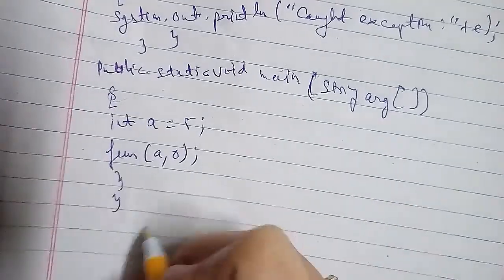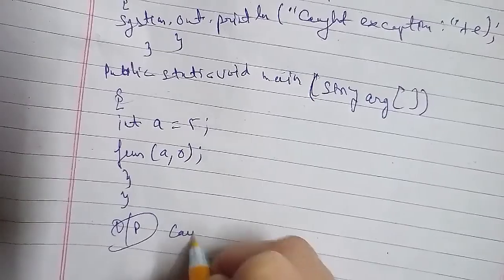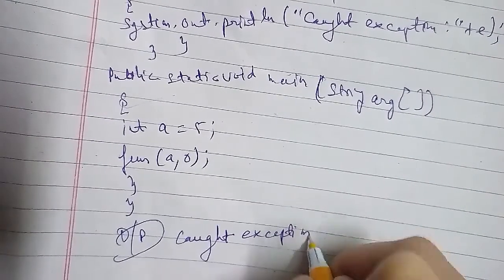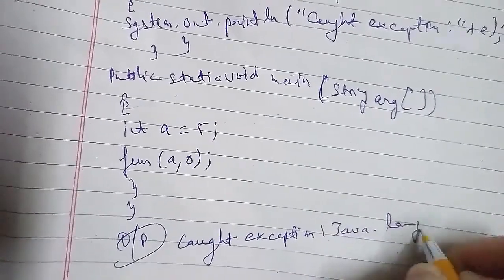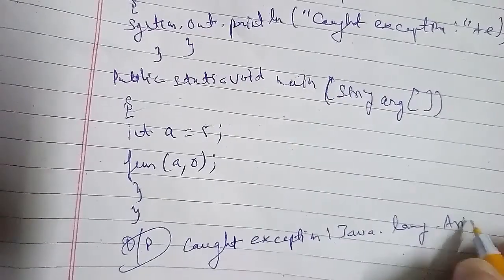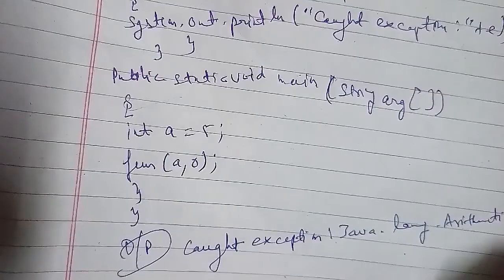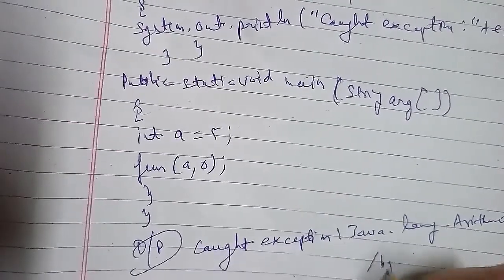And here we'll get the output: caught exception java.lang.ArithmeticException: divide by 0. This will be the output here.